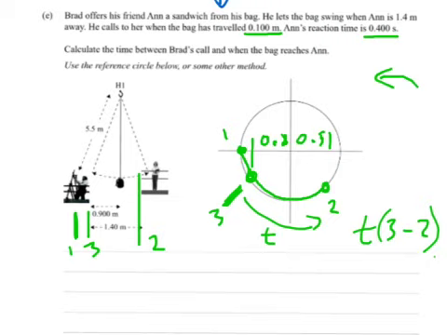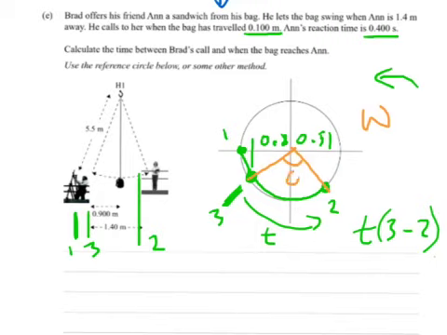Okay, let's have a look at it then. So the best approach, I think, is to work out, because remember we know the angular frequency, and this is from H1, so we can stick with our original time period and our original angular frequency.